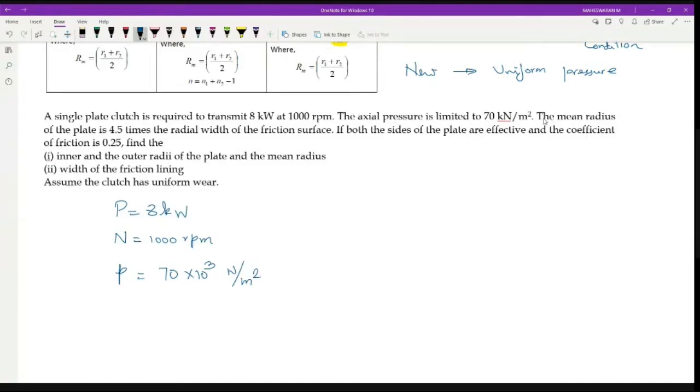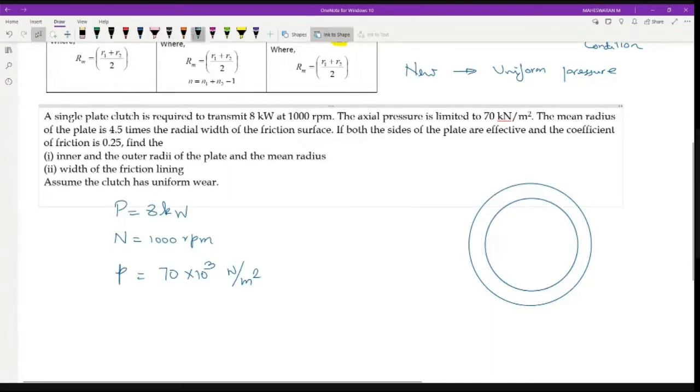They also say that the mean radius of the plate is 4.5 times the radial width. As we discussed earlier, if I consider two circles here, with R2 and R1, this is your width B. So B will be equal to R1 minus R2.